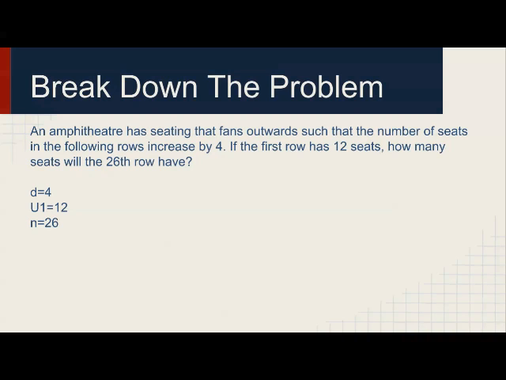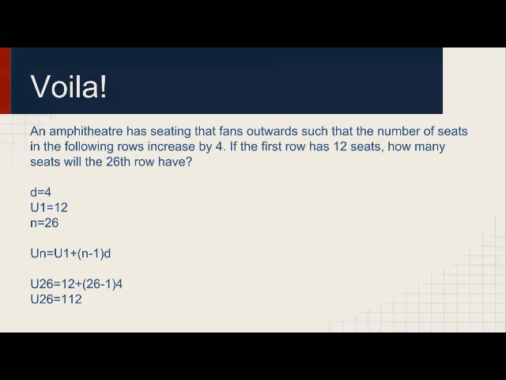And how many seats will the 26th row have? Well, n is going to equal 26 because that's the number we're looking for. So you simply plug all of those into U26 equals 12 plus parentheses 26 minus 1 parentheses times 4. And you get 112 seats in the 26th row.